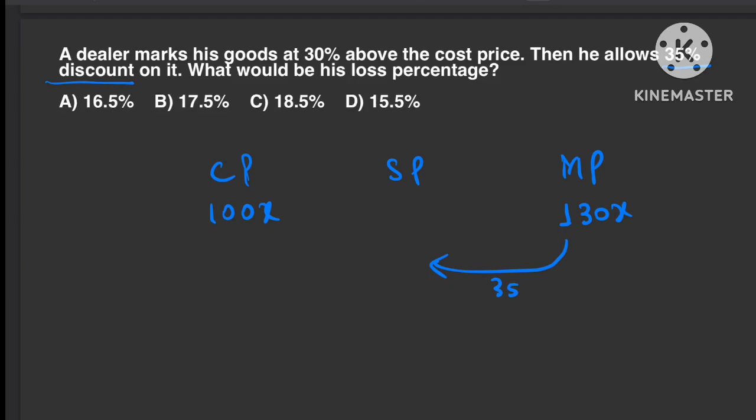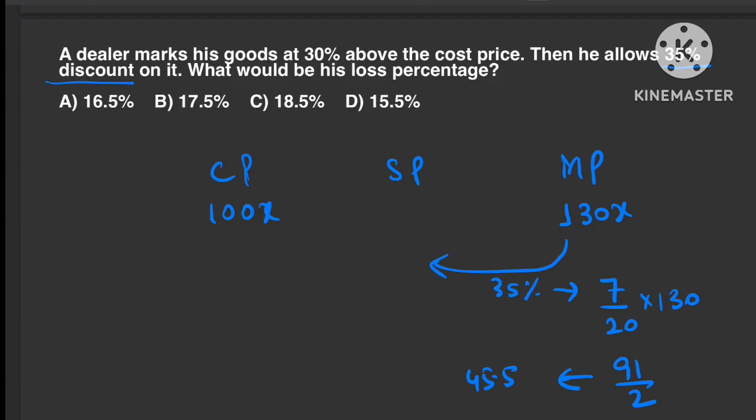So discount is always given on mark price. So 35% of 130 will be, if you solve it, 91 by 2. Further we will solve it, we will get 45.5.